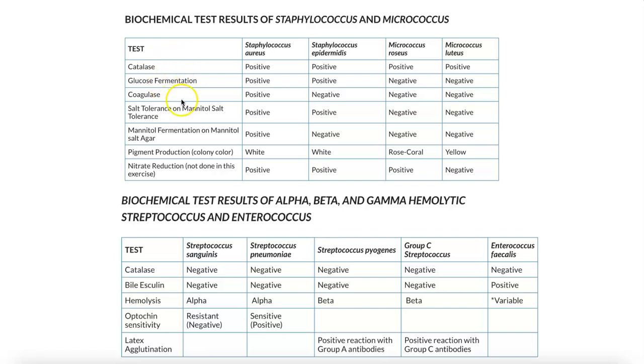This was the table that we used for staph and Micrococcus as well. Across the top, these are the 4 possible gram-positive staphylococcal organisms you could have. But then on the bottom, these are the gram-positive streptococcal organisms. So again, every student is going to have one of the bacteria, either these 4 or these 5.